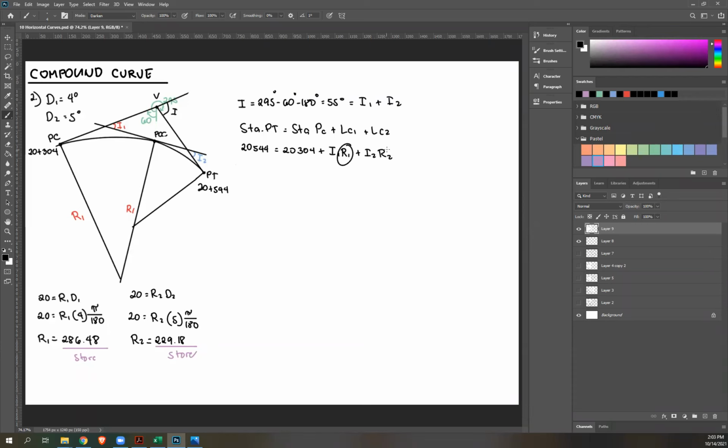We have value for R1, we have value for R2, so we essentially have two equations, two unknowns. Okay? So that means we can use those to solve for your I1. Okay? So please solve for I1, and remember in doing so, since this is in degrees, convert that to radians first, and then the answer that you'll get for I1 would be in radians. Okay, so try to solve simultaneous equations. What's I1?